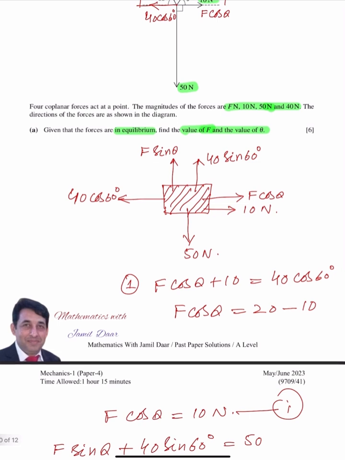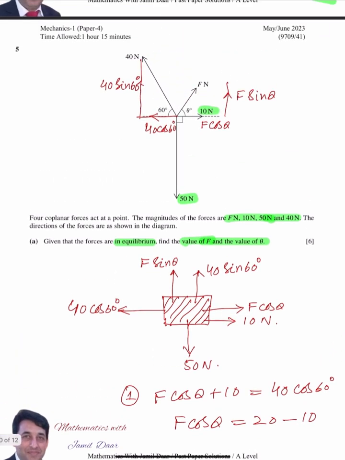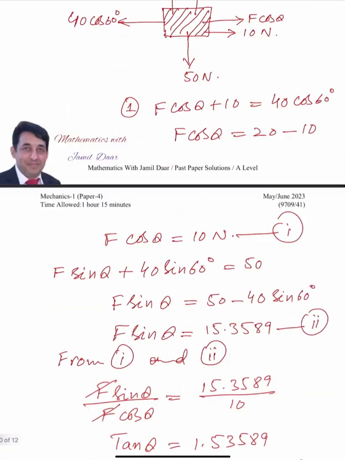So we have to go back to the situation where we found the horizontal component. These two forces, minus this force in the opposite direction, would be the horizontal component x. So x would be F cos of theta plus 10 minus 40 cos of 60.